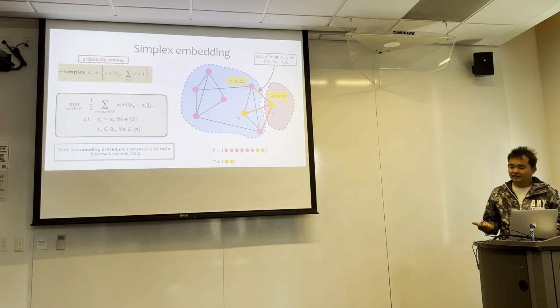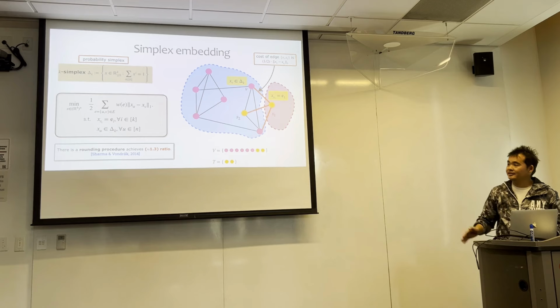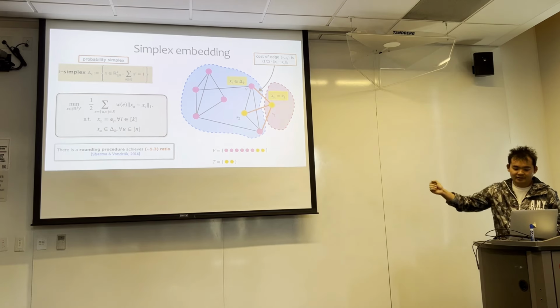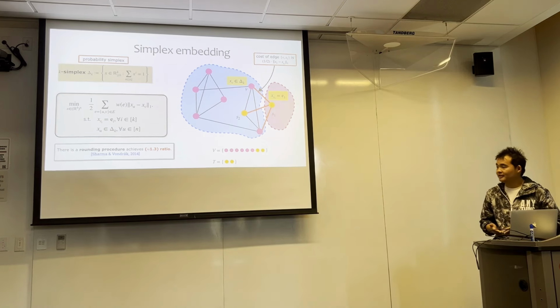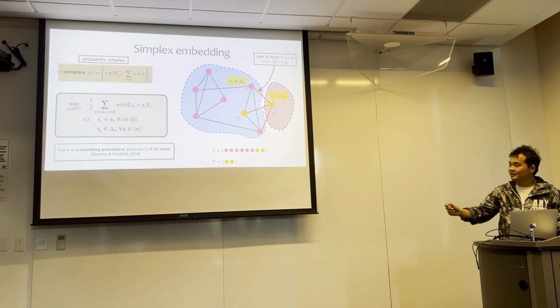If all edges are non-negative, then we can remove the absolute values by some standard trick like substituting variables, and then it becomes a linear program with simplex embedding constraints. Also there is a rounding procedure for this linear program that achieves about a 1.3 approximation ratio. This is also why a previous work on privately solving linear programs achieved this ratio, but with a large additive error.